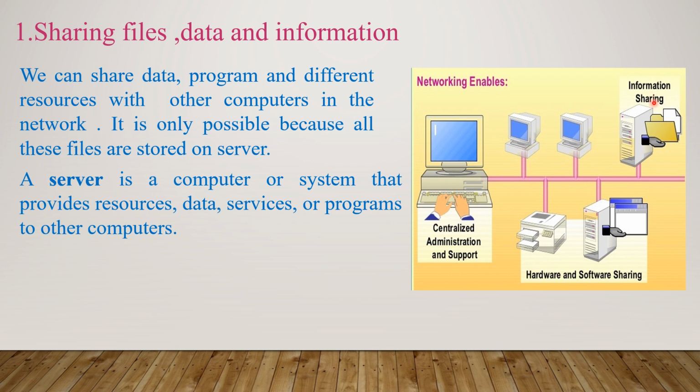Suppose in this server some information is present. Computer B and computer C want to access this information from this server. Both the computers can get the information from this server because all these computers are connected to a network.